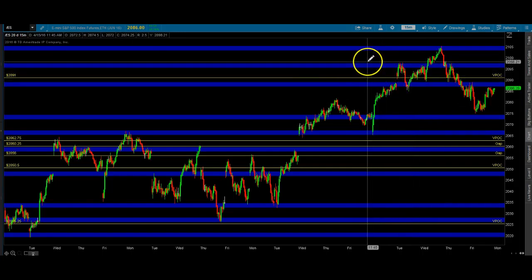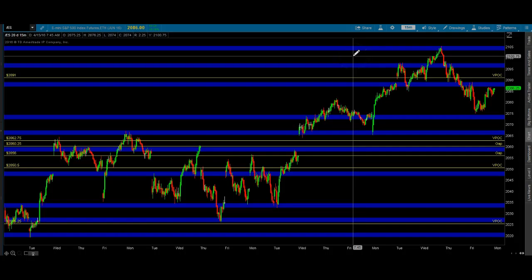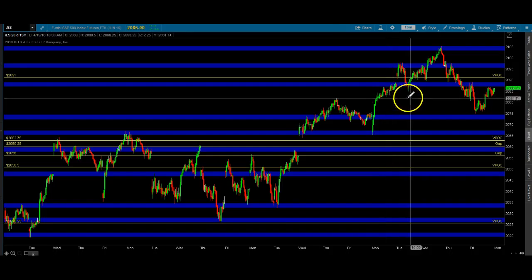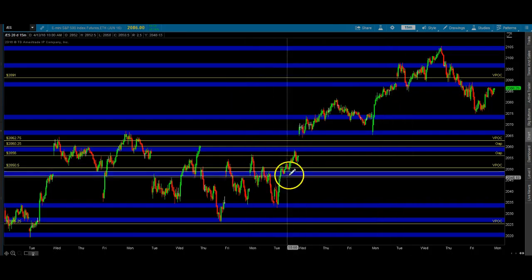But the way the zones are set up is based off of multiple things: Fibonacci levels, prior highs, prior lows, market profile levels, a lot of different things. So how do we trade these zones?